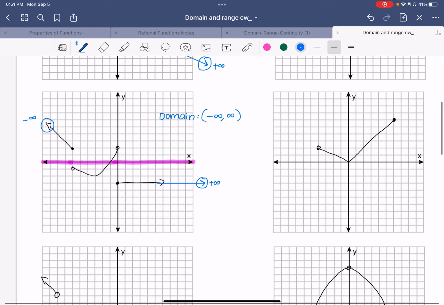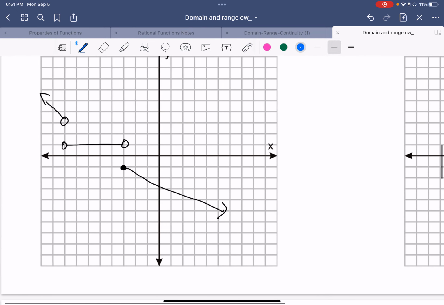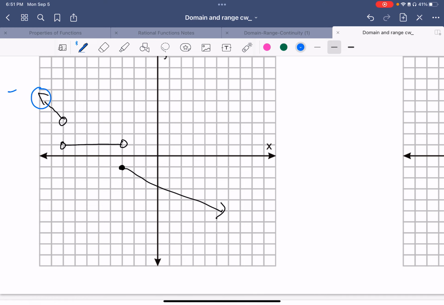Okay, let's do another example of domain. We have arrows going towards negative infinity, and this arrow at the bottom going towards positive infinity on the x-axis. I'm going to shade where I see the graph, starting from negative infinity, but then something happens here. I will have to stop here because we have two open circles. Nothing is defined at all, so I will have to stop there. But I'm going to keep shading where I see a solid line, because this is part of the function.